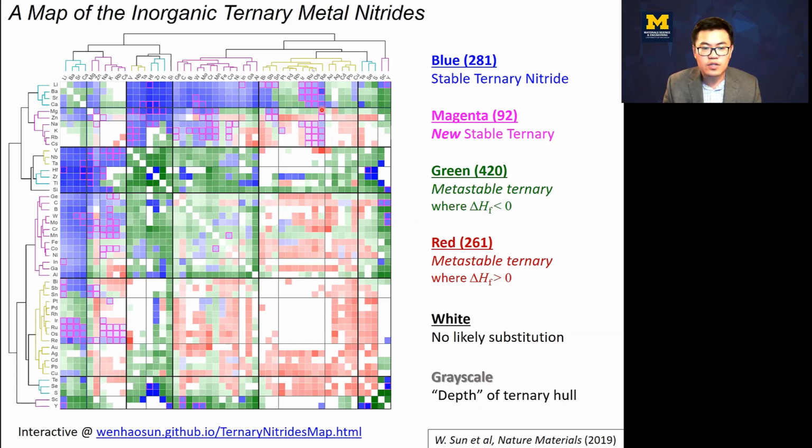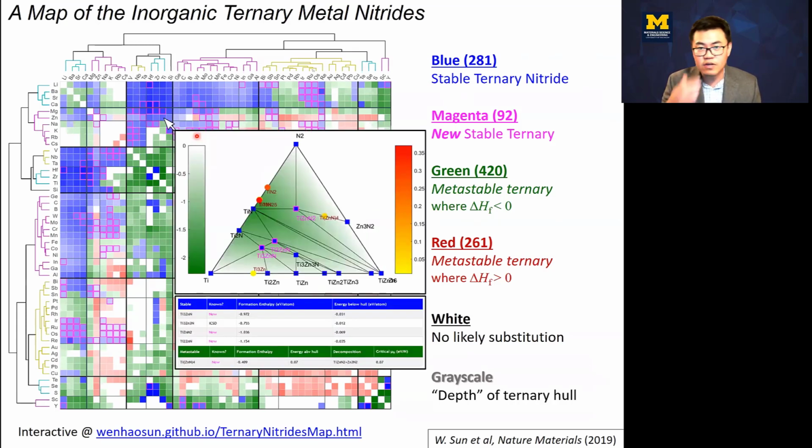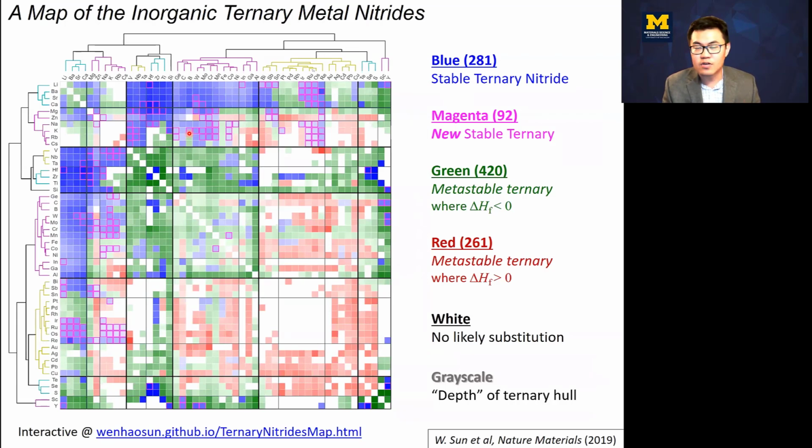And each one of these squares is actually a full ternary phase diagram. So there's a lot of information in this figure. There's over 2,000 data points in this one figure alone. You can go to my website here and you can mouse over each square and it will give you the entire ternary phase diagram. And what we did when we had this figure is now we really started to see some trends appear in the ternary nitride space.